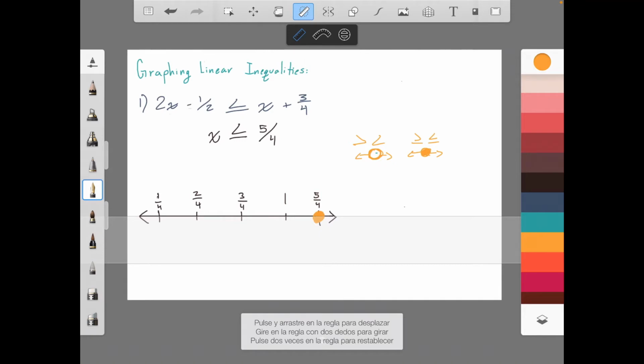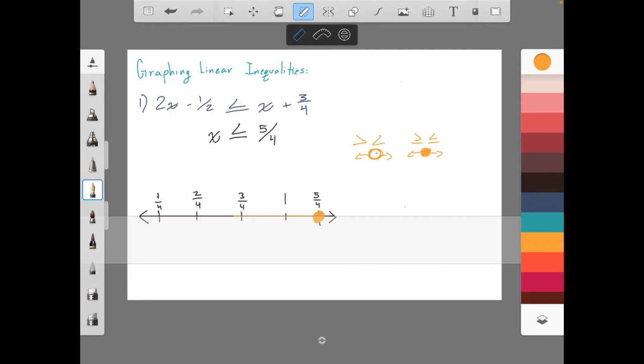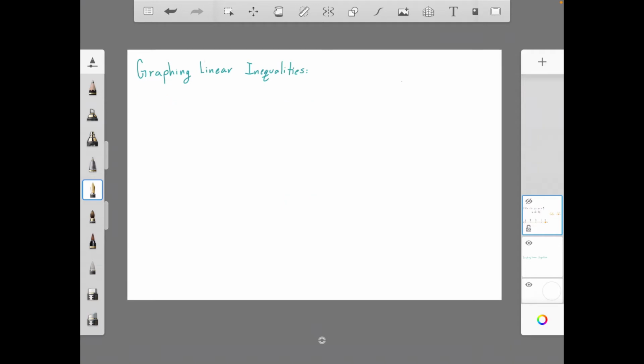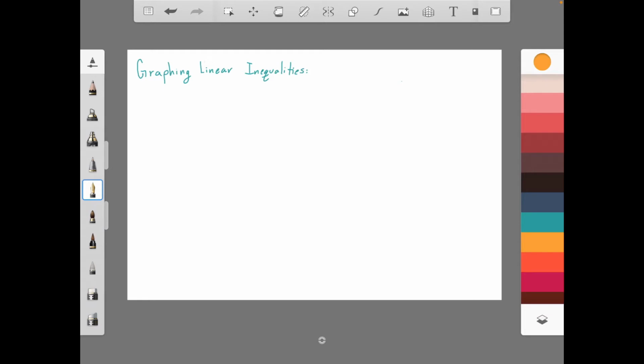So x is less or equal, so this will move down or backwards in the number line, and that will be the way of representing linear inequalities with 1 variable.